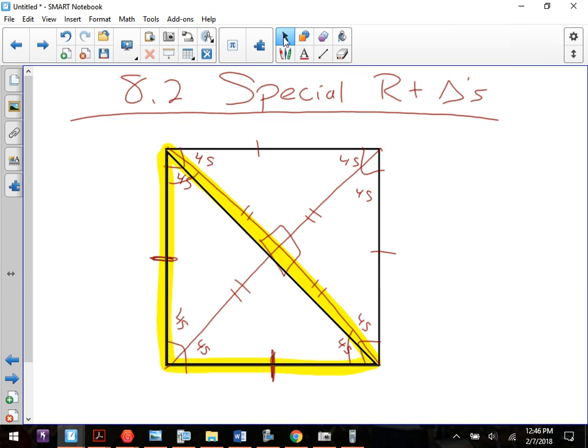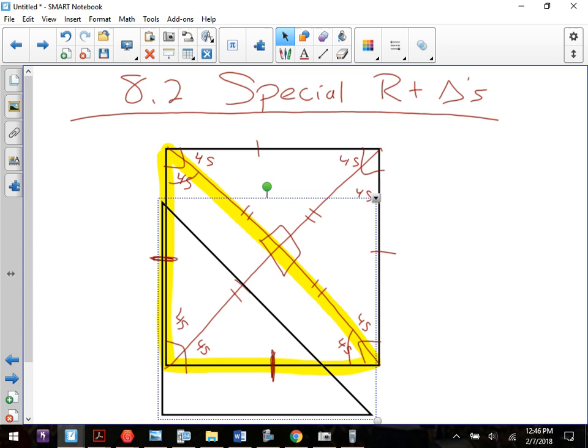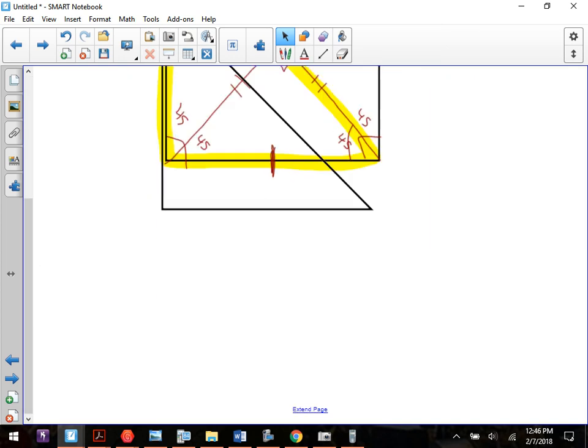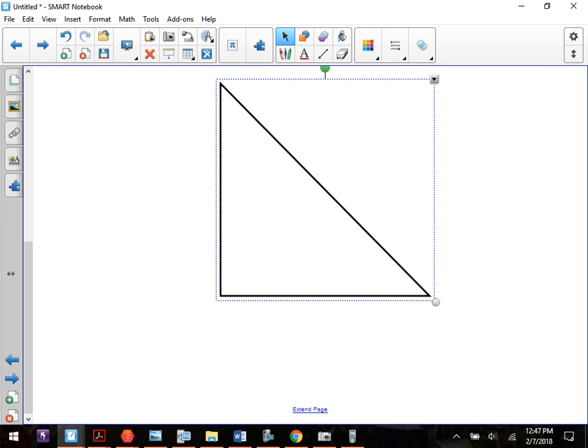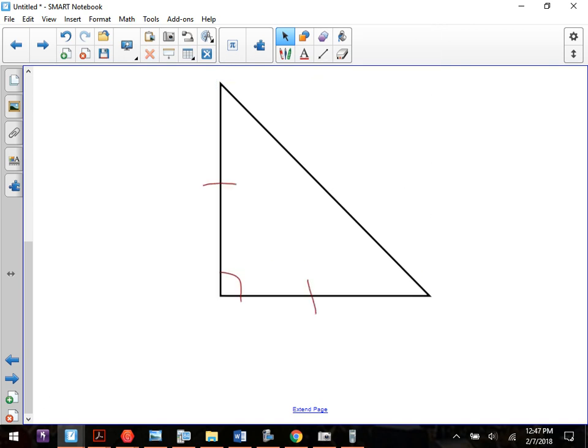I'm just going to move this one down. Then we'll relabel it. So real fast, in what's called a 45-45-90, it's going to be shown to you in a couple of different methods. One of the methods that you'll know that you have this specific type of triangle is that it might just have one 45-degree angle.